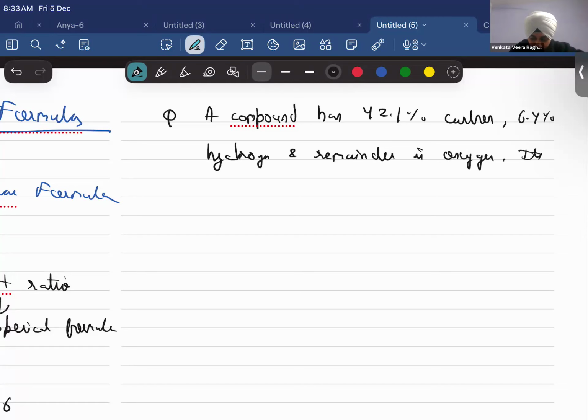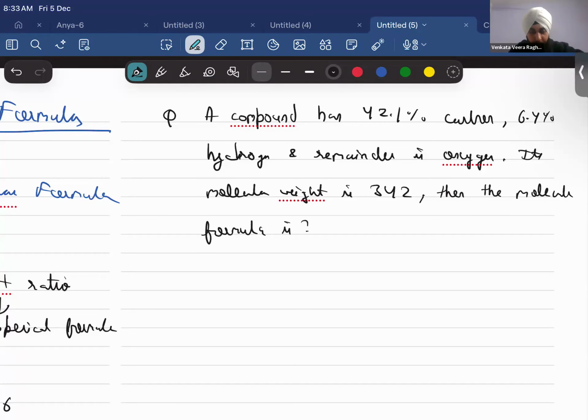They are saying that its molecular weight is 342. Then what will the molecular formula be? Now see, you are given some data in terms of percentage.